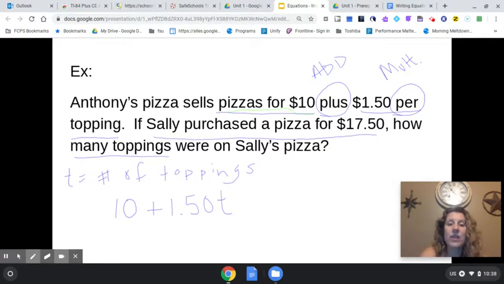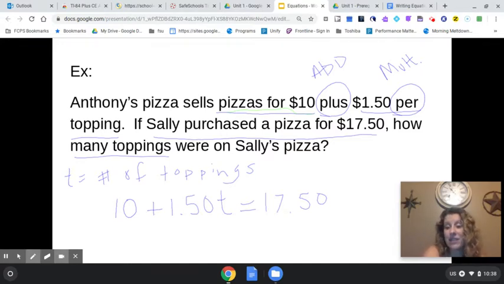Okay, we know that Sally purchased a pizza for $17.50. So this expression of 10 plus $1.50 per topping is supposed to equal $17.50. Okay, so we've translated the keywords and phrases into an equation.